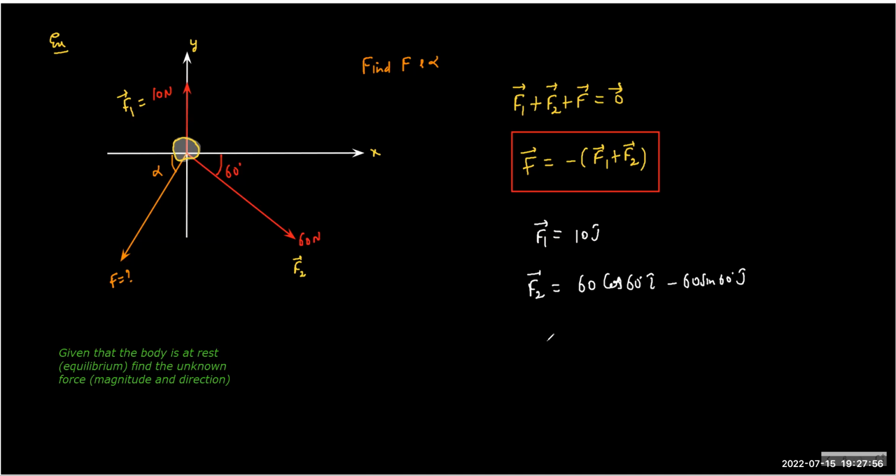So you just add this first. So 60 cos 60 is 30 I cap. And 60 sin 60 will be 30 root 3, minus 10.